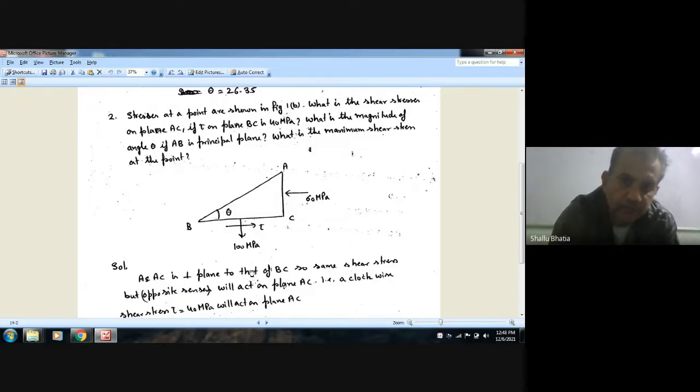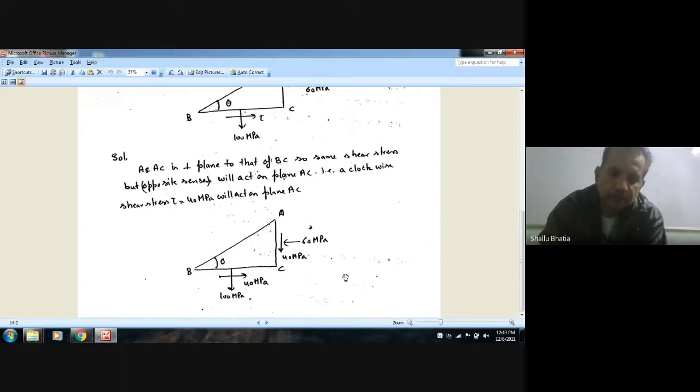Plane AC is perpendicular to plane BC, so the same shear stress but opposite sense will act on plane AC. So a clockwise shear stress of 40 MPa will act on plane AC, because tau is 40 MPa. The diagram will be like that: 60 MPa, 100 MPa, 40 MPa, 40 MPa.